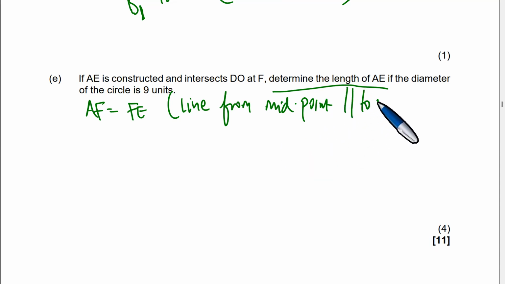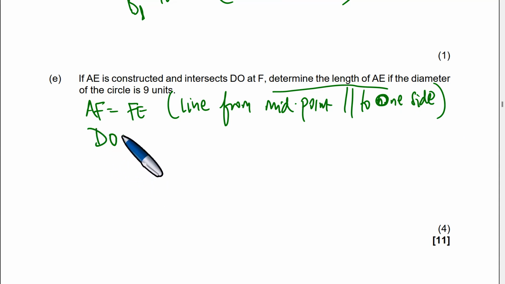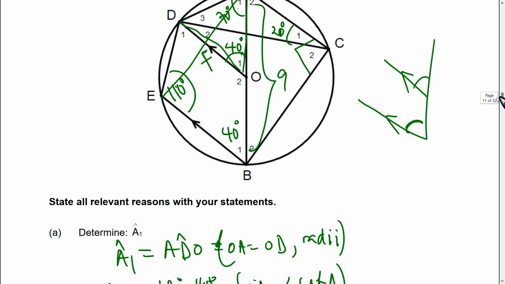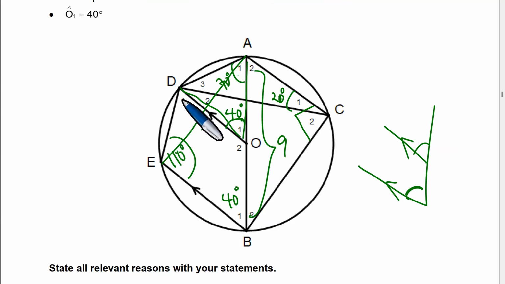It therefore means DO is perpendicular to AE, meaning this angle is a right angle here.